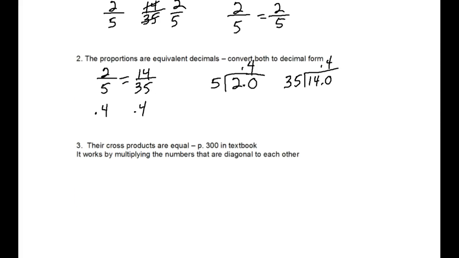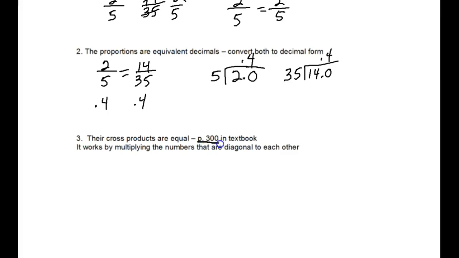The third method is on page 300 in our textbook. Two fractions are equivalent to each other if I take their cross products. Now, cross means diagonal.